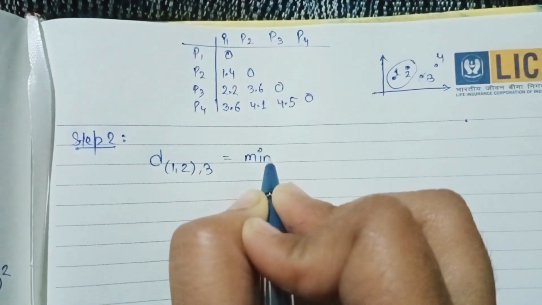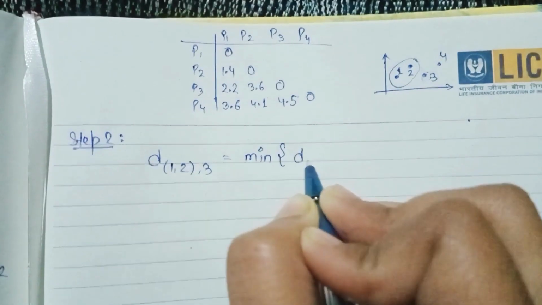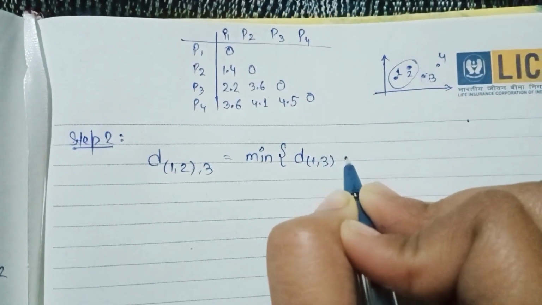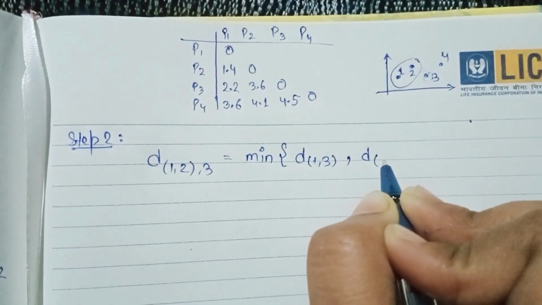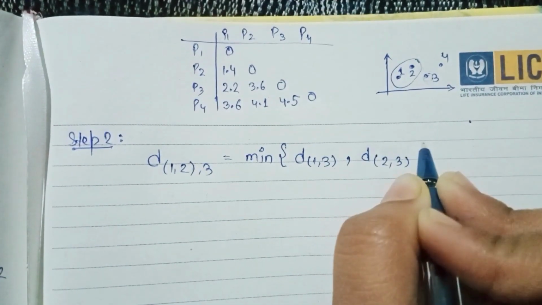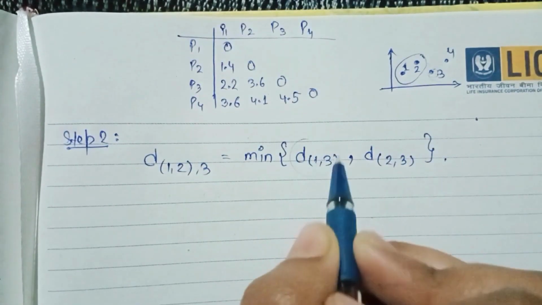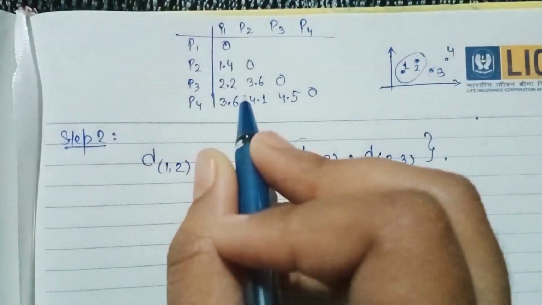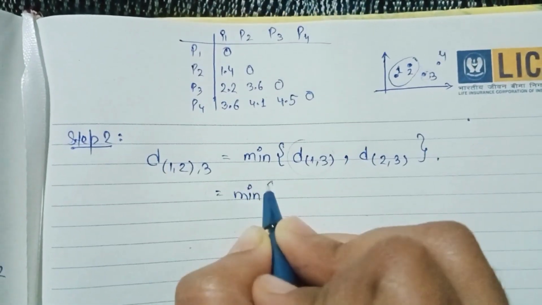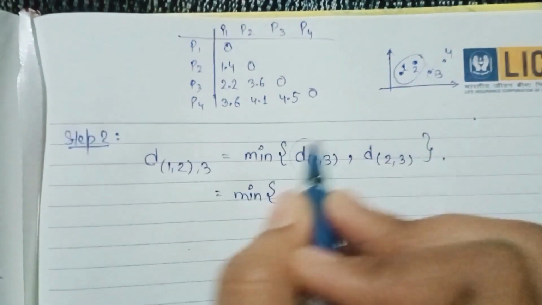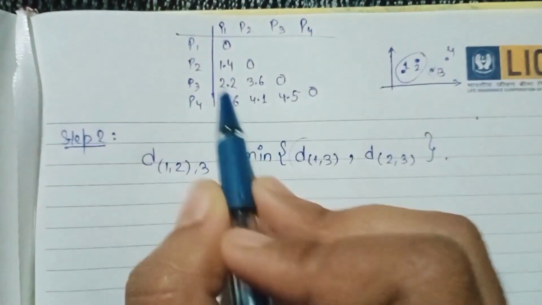Using the minimum of D of 1 to 3 and D of 2 to 3. The value of this we will get from the initial adjacency matrix. We will take the minimum value of both these points.